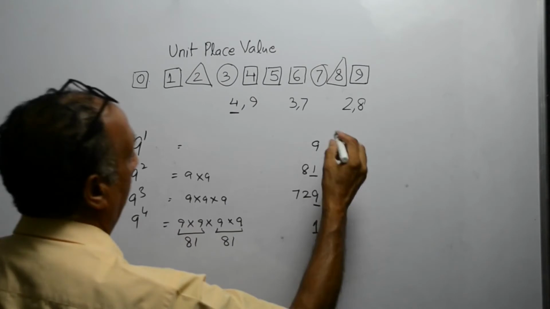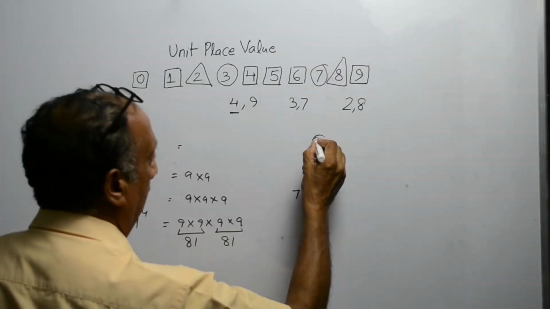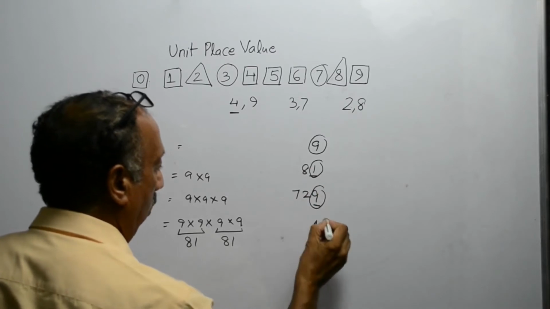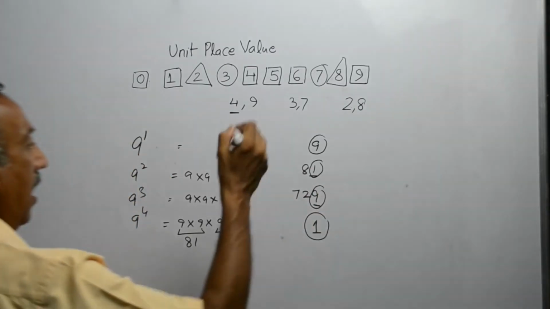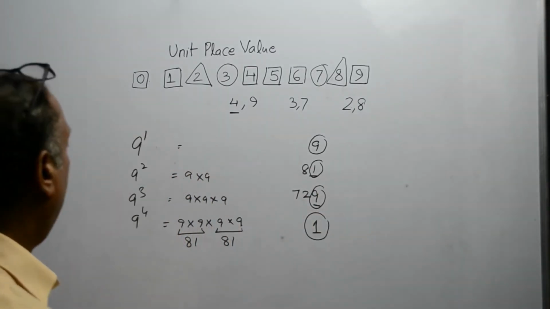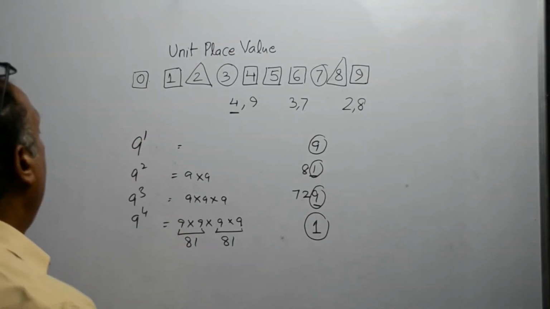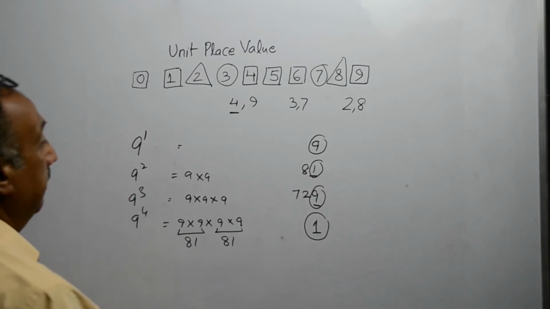So alternately, we are getting 9, 1, 9, 1 as the answer when 9 is the last digit of a number.